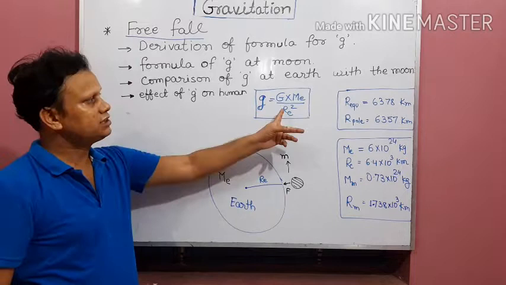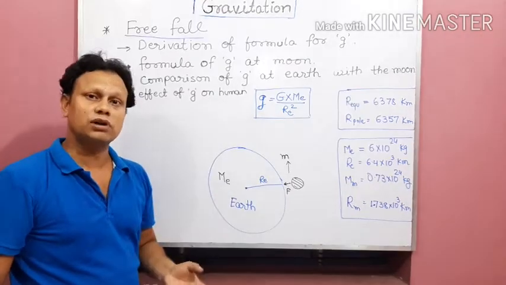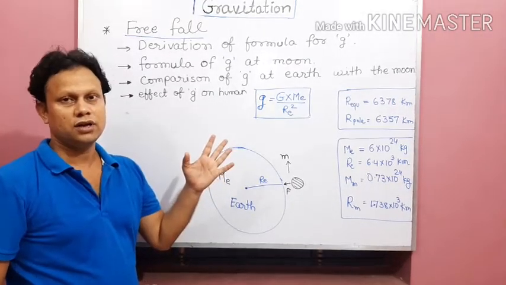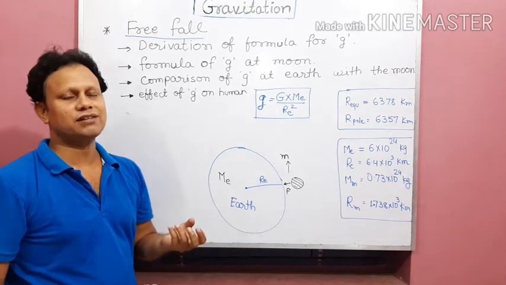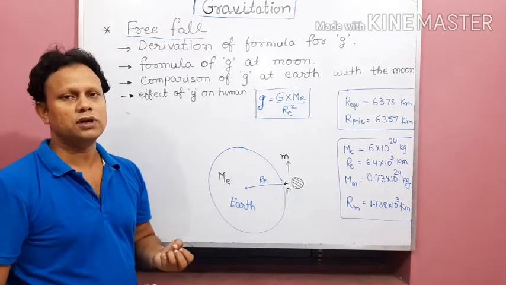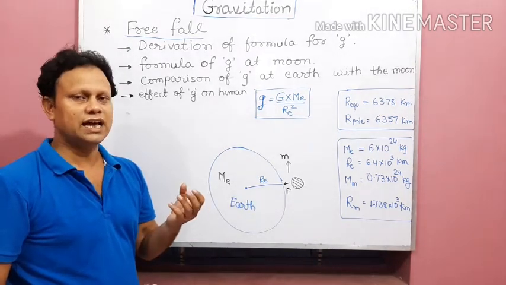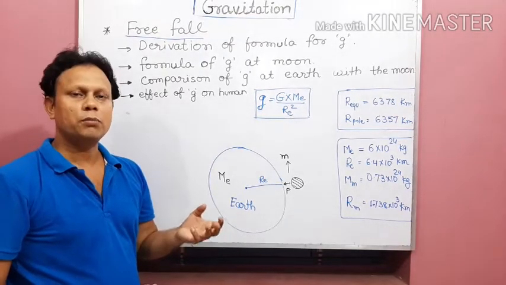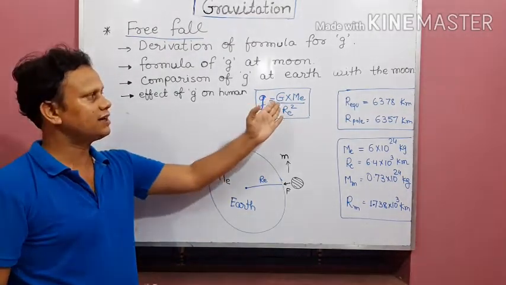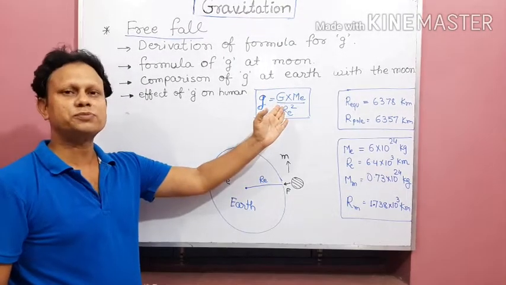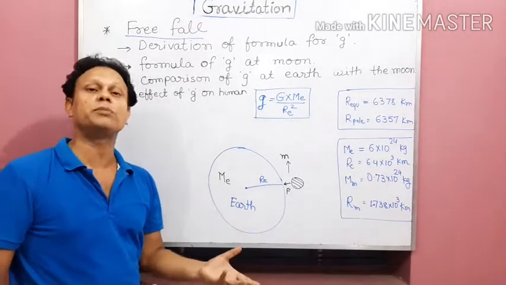But in this formula, the mass of the free falling object is nowhere, because the earth produces acceleration with the help of gravitational pull on that object in the absence of air, that is during free fall. Nowhere can you see that the mass of the free falling object is present in the formula, and that is the amazing thing.